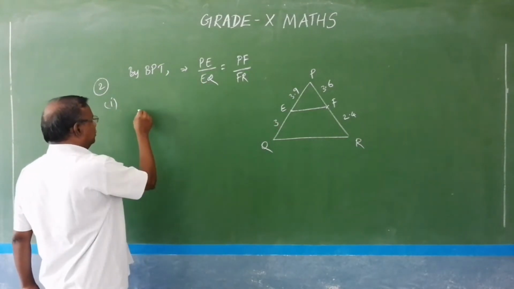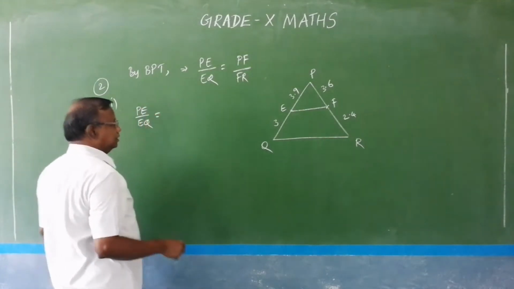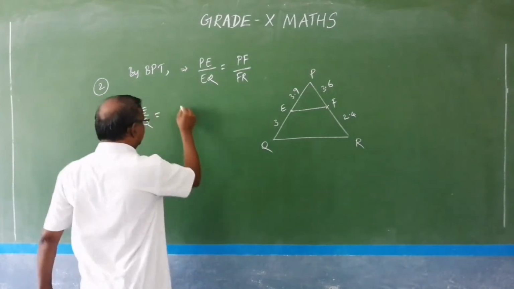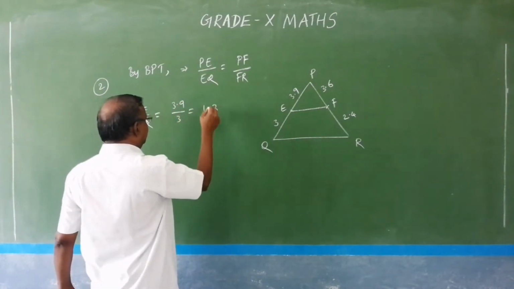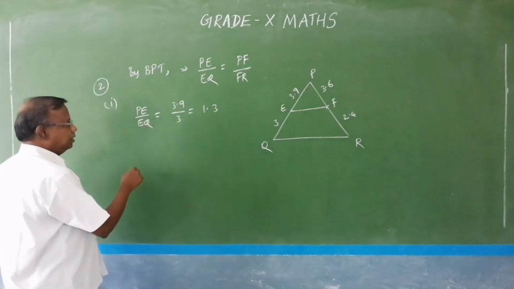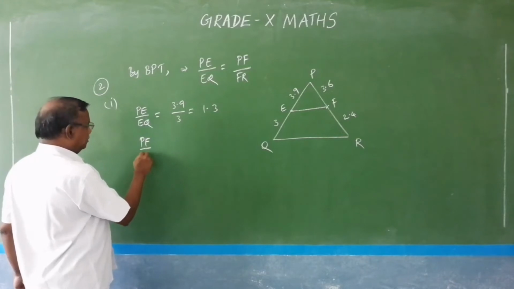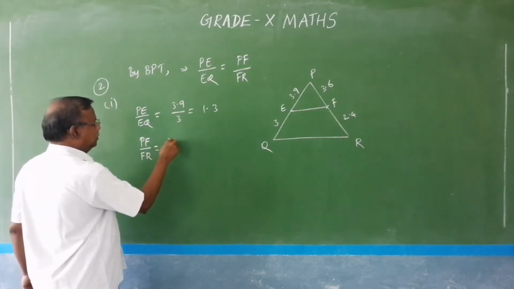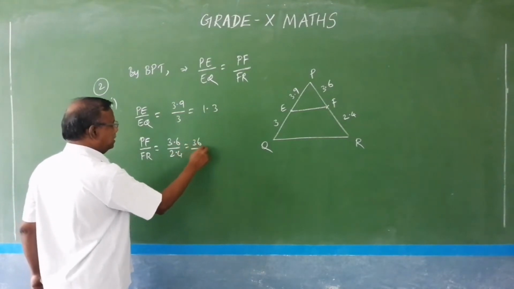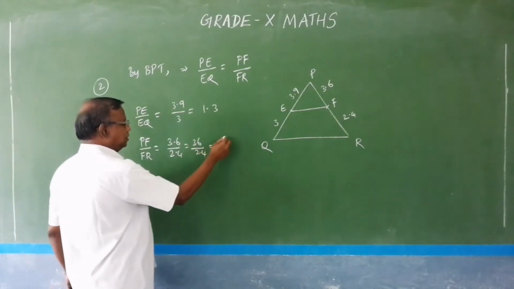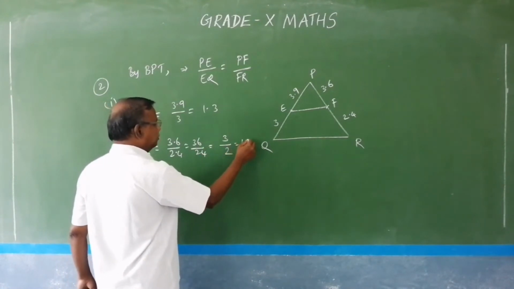PE by EQ equals 3.9 by 3. By simplification it is 1.3. And PF by FR equals 3.6 divided by 2.4, equal to 36 by 24. 3 12s are 36, 2 12s are 24. So, which is equal to 1.5.